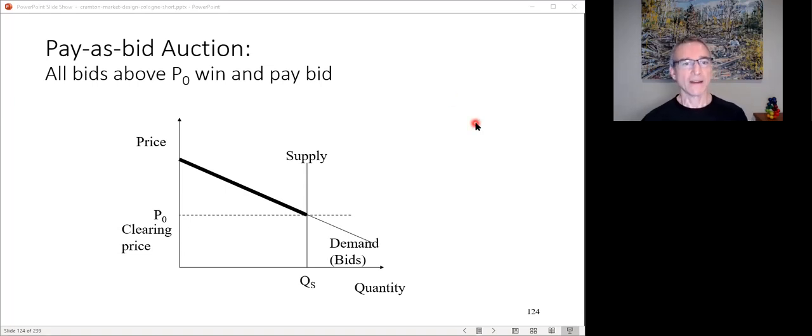So we were talking about the pay-as-bid auction, and they're basically the extensions of the 4 standard auctions: English, Dutch, the dynamic versions, first price, second price, have these natural extensions to divisible goods. And one of the most commonly used is the pay-as-bid auction.